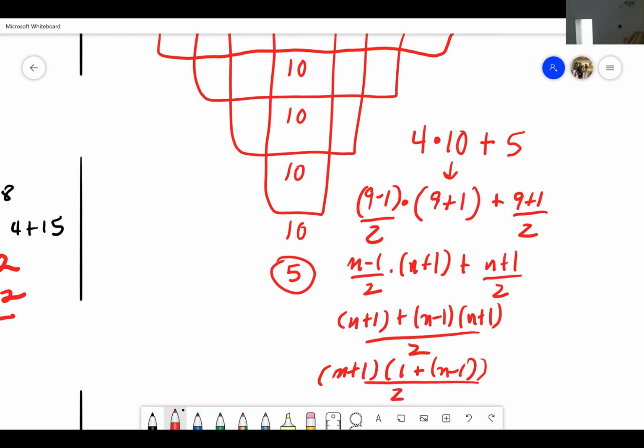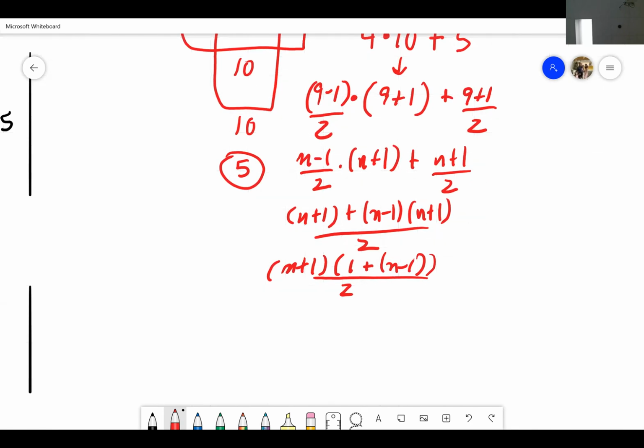And when you finish fixing that, let me make that prettier. Do you see what I did there, guys? That's the important part. I factored out this here. I pulled it out and I'm like, okay, n plus 1 times 1 will give me that, and n plus 1 times n minus 1 will give me this.